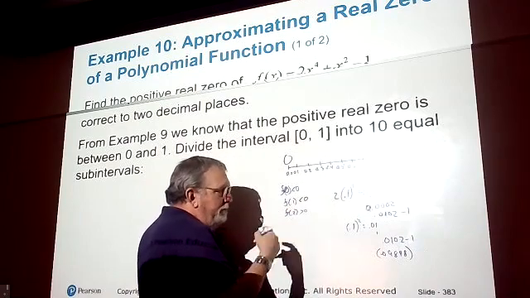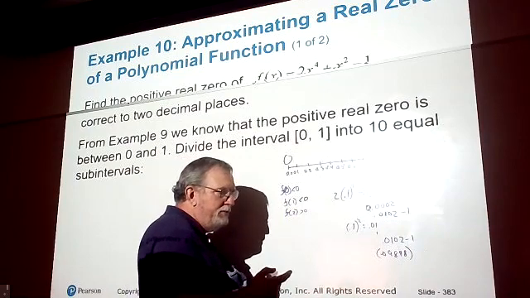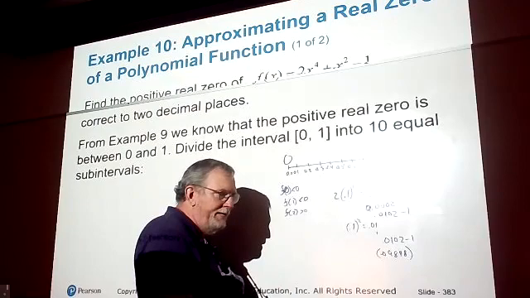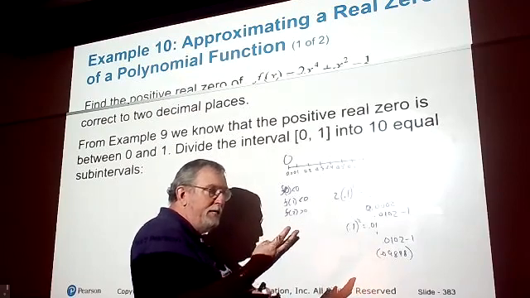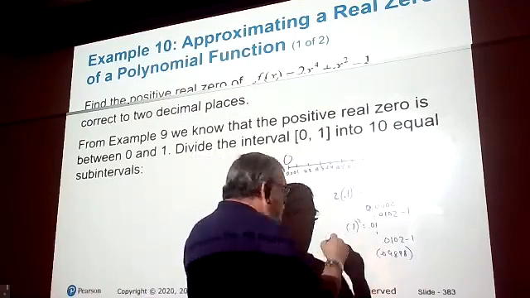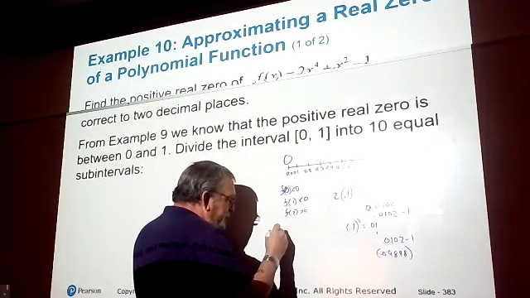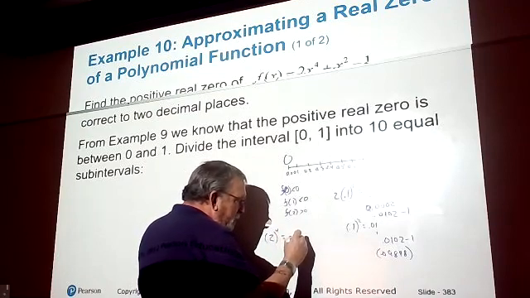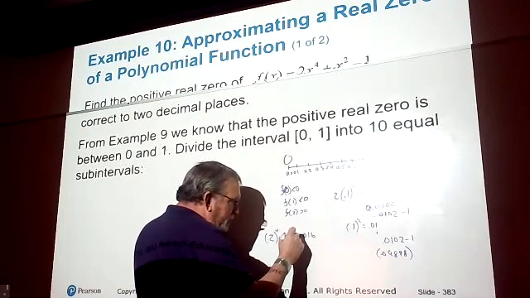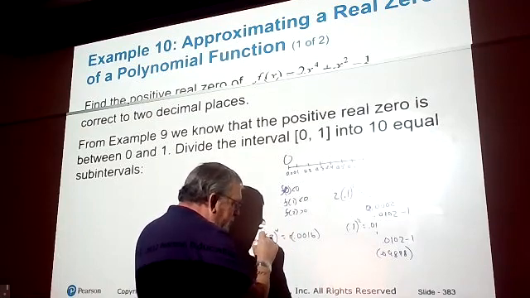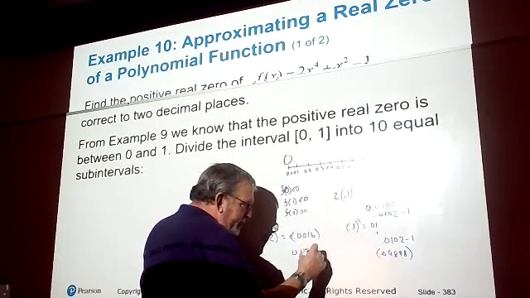So at 0.2, I put 0.2 in. 0.2 to the fourth power, 2 times 2 times 2 times 2 is 16. So 0.2 to the fourth power is 0.0016. And then we're going to multiply this by 2, and that's going to be 0.0032.